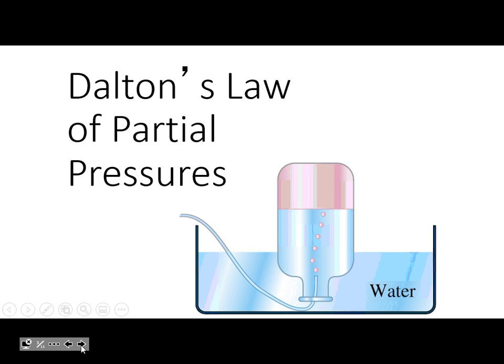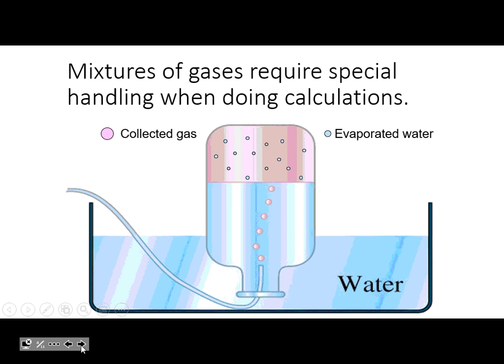So as I come back up here and I look, talking about Dalton's law of partial pressure, we see that in this container, I have a little tube running into this bottle of water that's upside down, and it is displacing the water. This little pink gas is bubbling out of the tube.